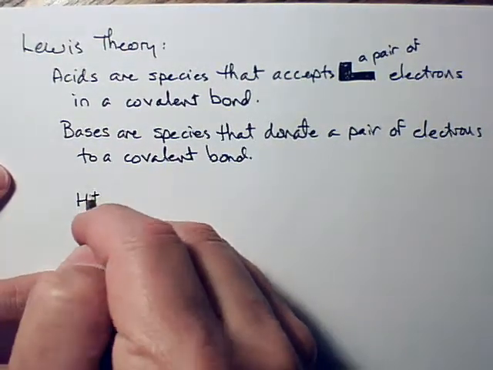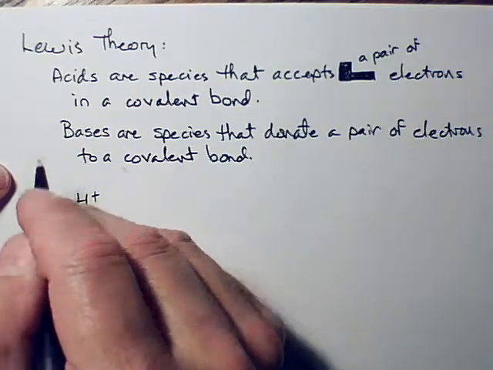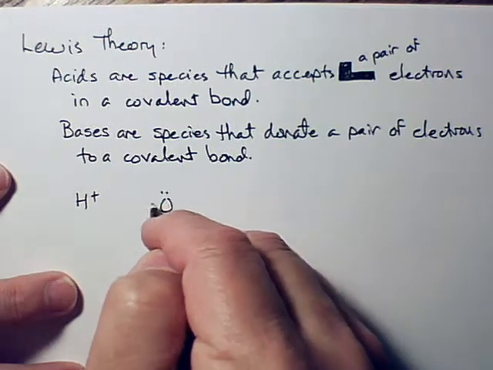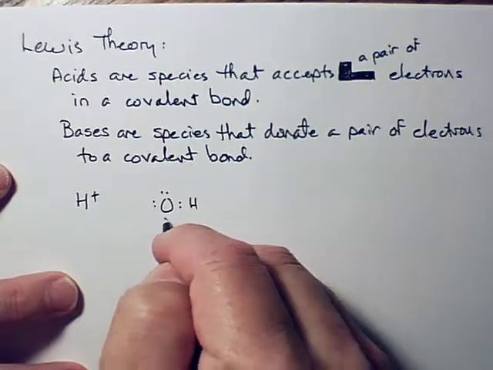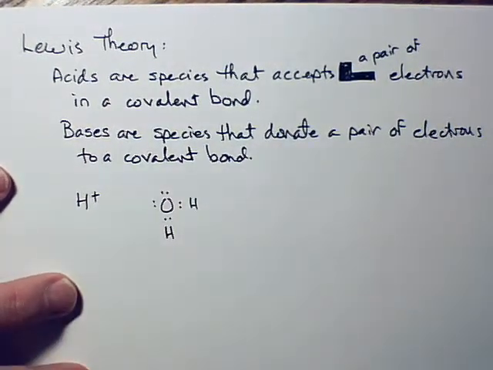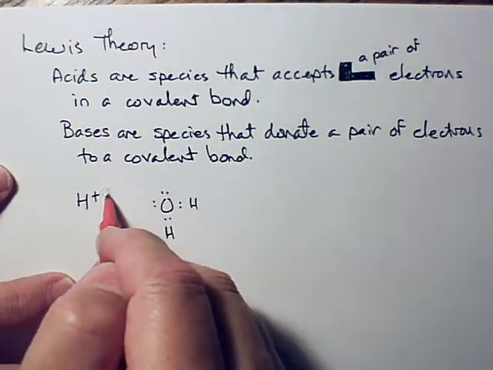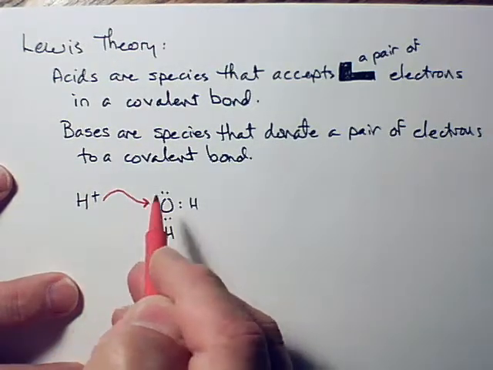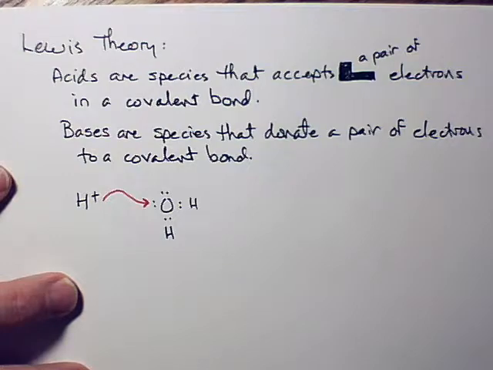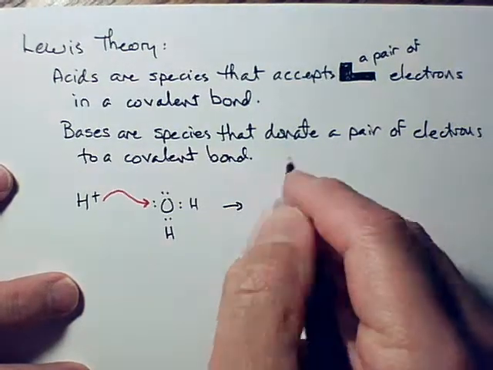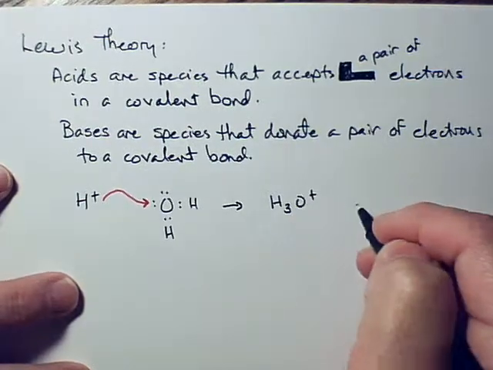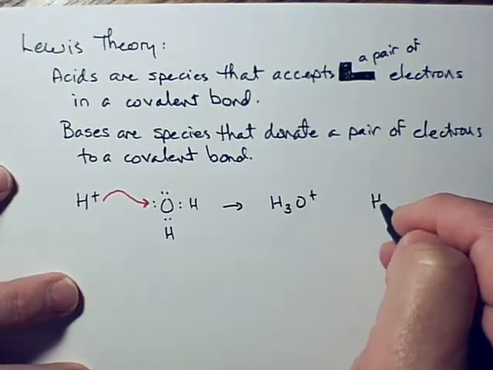So going back to the end of our discussion of Bronsted-Lowry, we made that transition between the two. We had a hydrogen ion. We had a water molecule written out in Lewis dot form. The hydrogen ion joined up with one of the lone pair electrons in the water, and as a result we formed H3O plus.